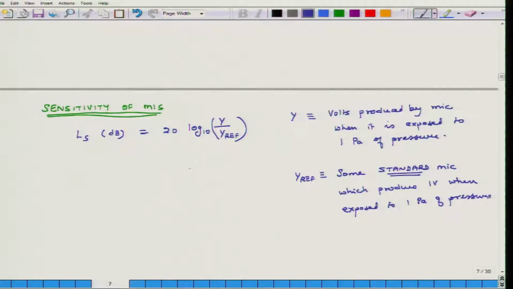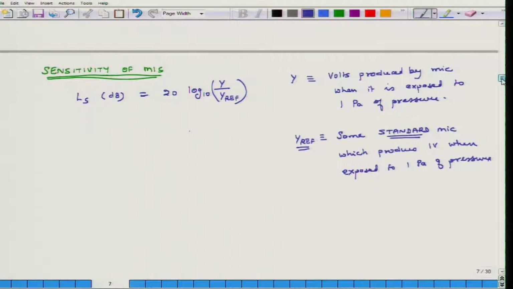This is one value of Y ref, but in the industry there are two reference situations.